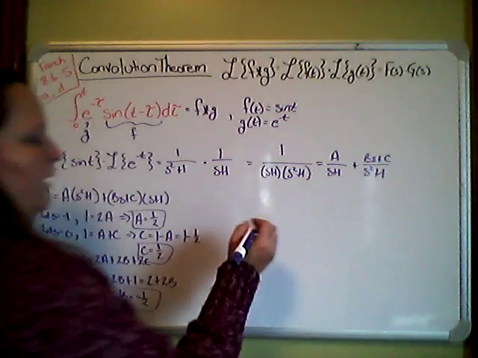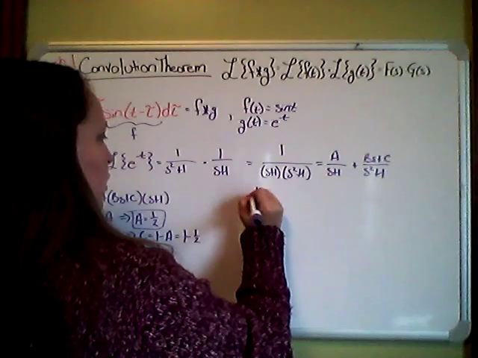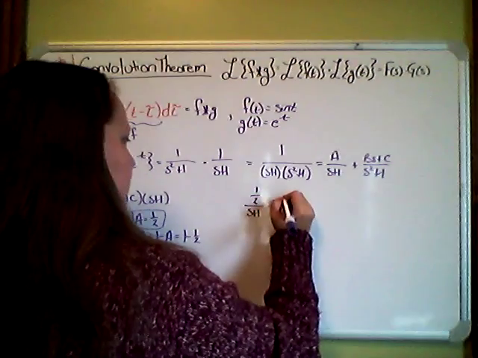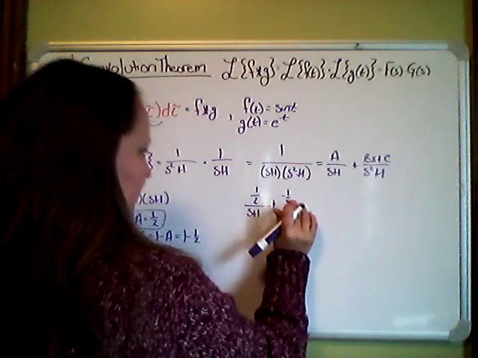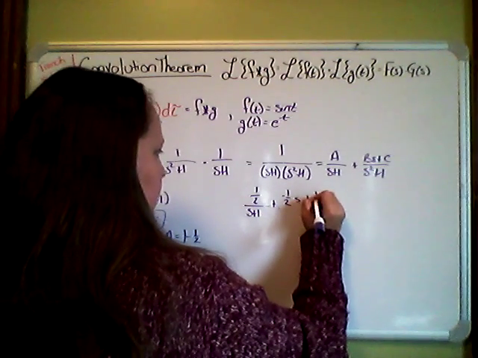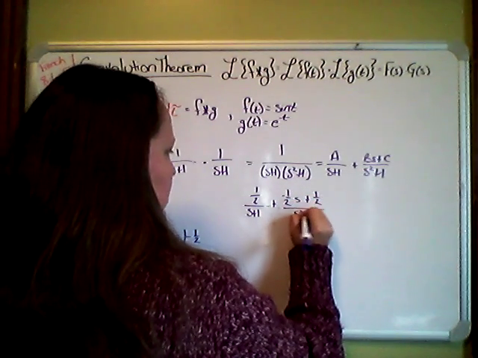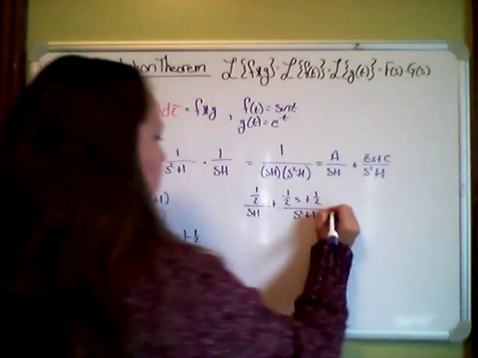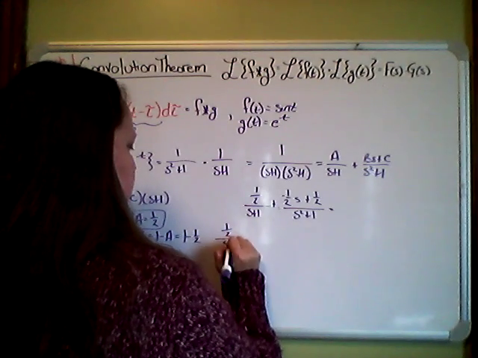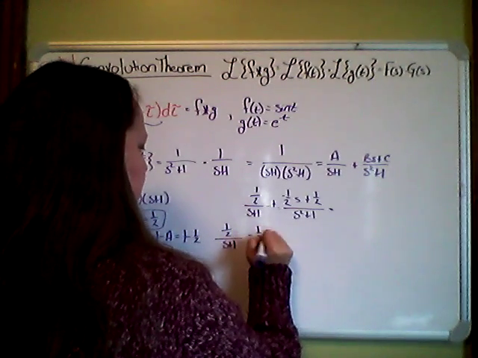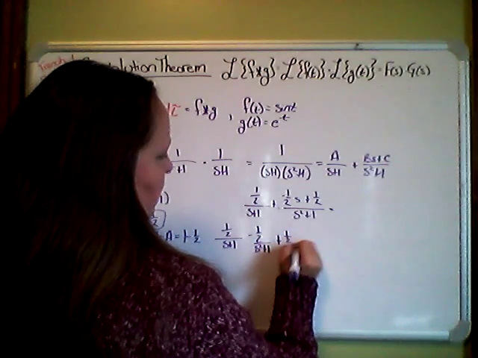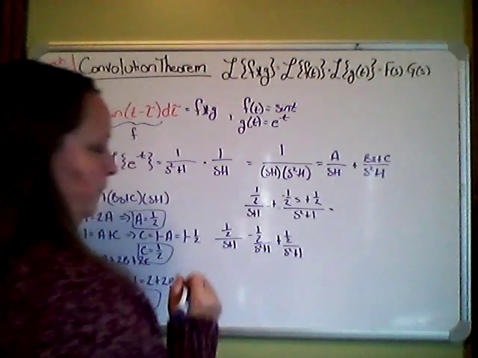We can go ahead and plug them back in over here so that we have 1/2 over s plus 1 plus (minus 1/2 s plus 1/2) over s squared plus 1, which of course will equal 1/2 over s plus 1 minus 1/2 times s over s squared plus 1 plus 1/2 over s squared plus 1.